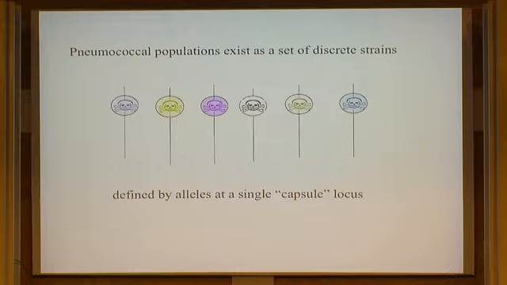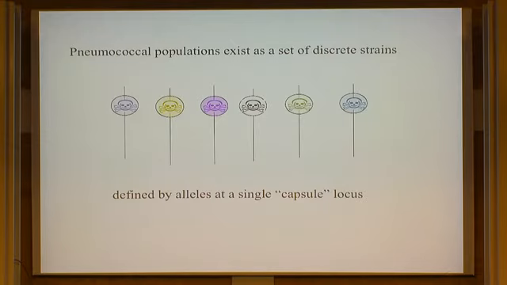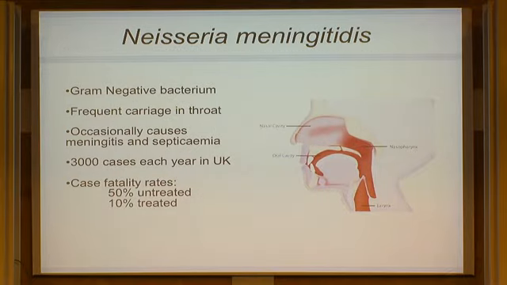So, in other words, we can define this system as a sort of single locus system and stratify it by alleles at a single sort of capsule locus. That's fine for pneumococcus, but this is definitely not how we can view a very large number of other bacterial pathogens. For example, its cousin, not a very close cousin, the meningococcus.